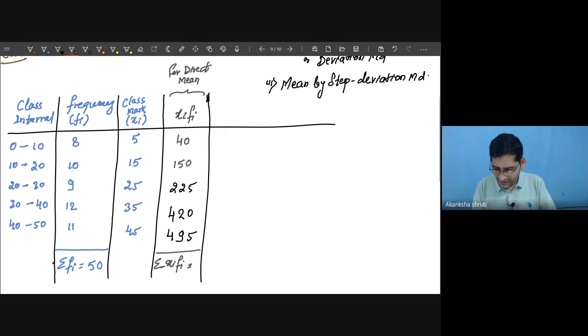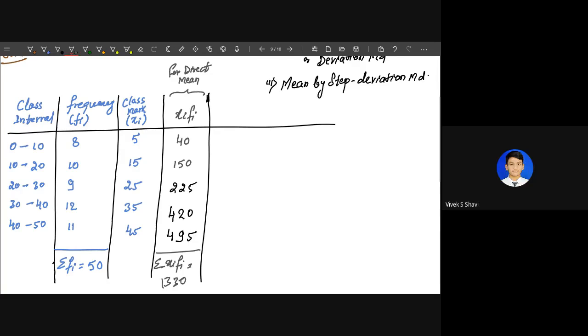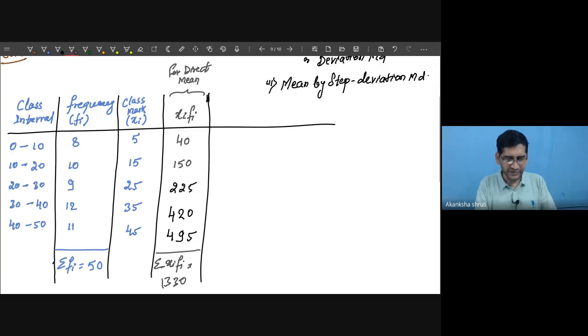Students, can you add it? 40, then 190, 415, 835, and 1330. Students, please verify whether it is correct or wrong. 495 added with 420 added with 225 plus 150 plus 40. Yes, sir, it is correct.